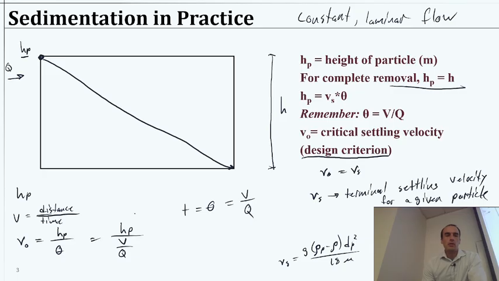Now, one thing you might notice is since HP equals H, we could simply write H there. And then we have the height of the reactor. And we will do that because this is our design parameter. So we're going to say this is equal to, and I'm going to do one other thing and say that we'll imagine this is some basin with an area. And again, this could be a circular one. I'm just drawing it as a rectangular for the moment.